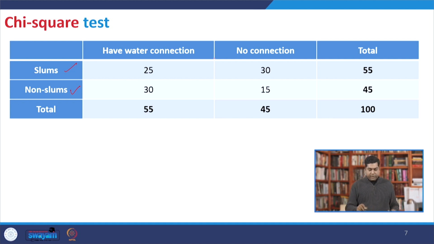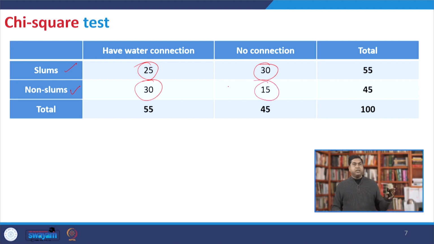So have water connection or no connection. Here are the figures: slums having water connection 25, no connection 30; non-slums, 30 households having the water connection, and 15 having no connection.